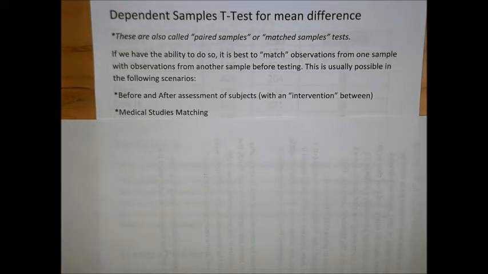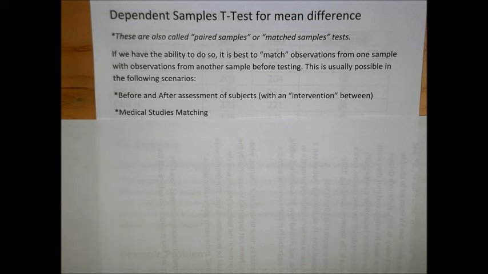Another scenario in which dependent samples are used is in medical studies. In medical studies, it's generally impossible to give someone a disease twice, so you can't test them with a placebo and then test them with a drug. Instead, what a medical study will attempt to do is find a number of individuals that match other individuals given certain traits, such as age, race, gender, maybe BMI, body mass index.